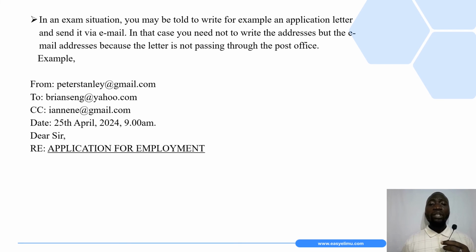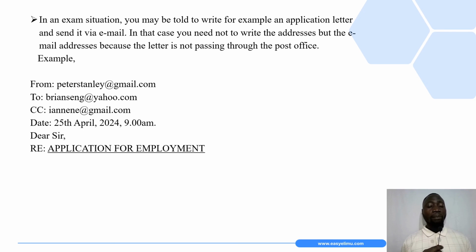You will not require the physical address for the post office, because this is now something that is being sent via a computer, by using the internet.